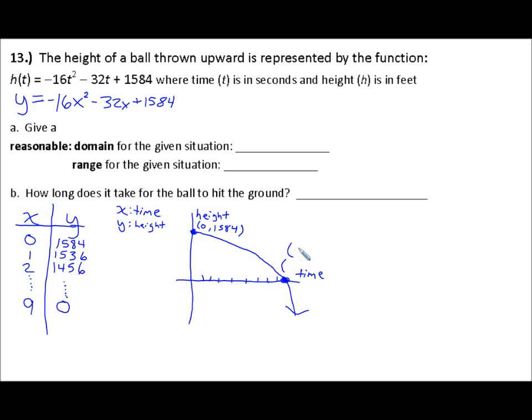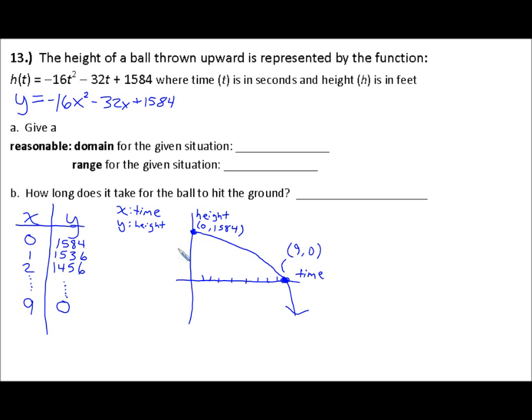We do have this point (9, 0). So that tells me a few things. It does tell me, for one, this object was thrown from a height. It was thrown off of a cliff or off of a building or something, because at time 0 it's already above the ground. So it's not something that was launched from the ground.